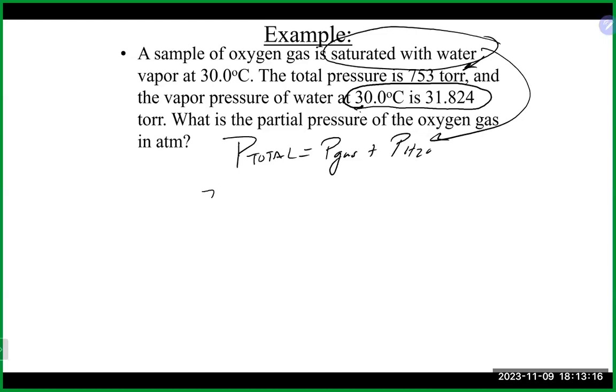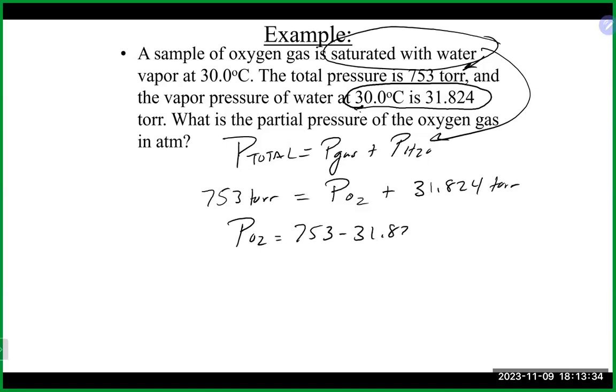So in this case, we have 753 torr, which is our total pressure, equals the partial pressure of oxygen plus the vapor pressure of water at 30 degrees, which is 31.824 torr. So the partial pressure of oxygen would be our 753 minus 31.824 torr. And that's going to get us there. 753 minus 31.824, about 721 torr.